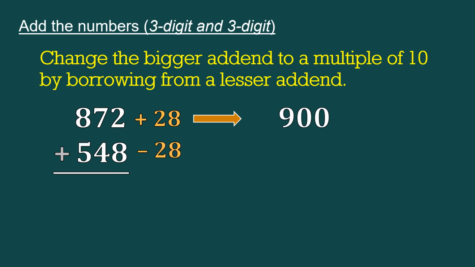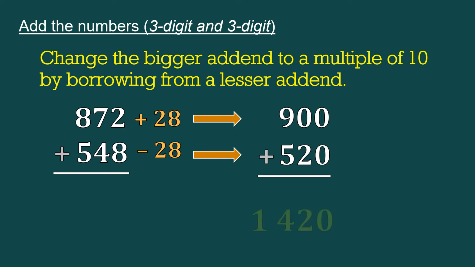Since we borrowed 28 from 548, 548 now becomes 520. Then, we add the newly formed addends. 900 plus 520 is equal to 1420. So, the sum of 872 and 548 is 1420.